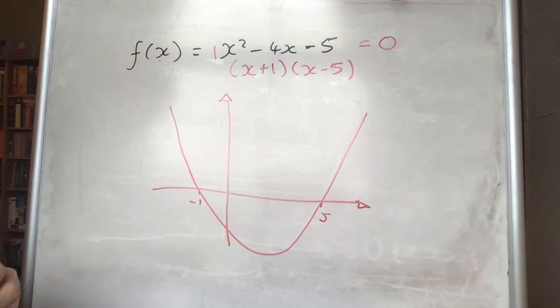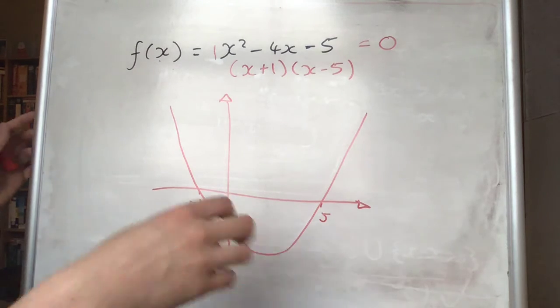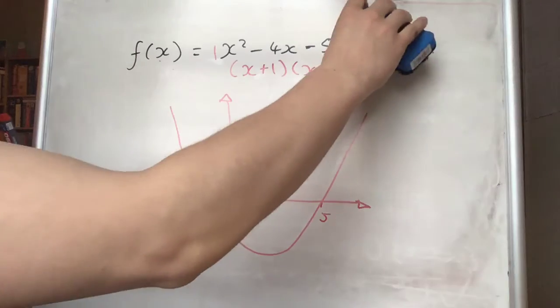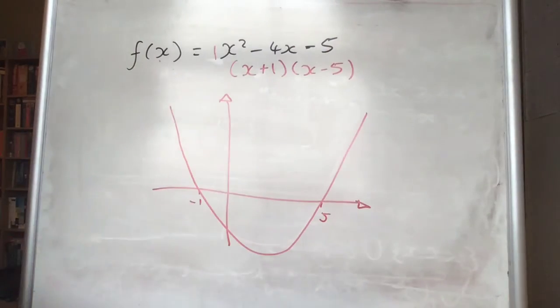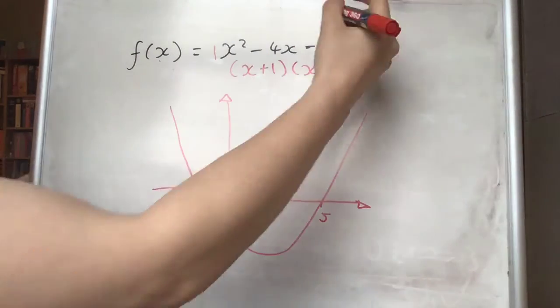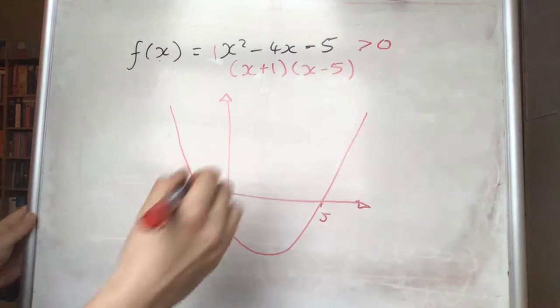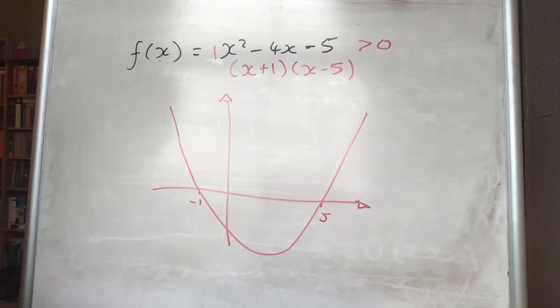Now what happens if we have an inequality? So if x squared minus 4x minus 5, instead of being equal to 0, is greater than 0, what would be the solutions here? The solutions to this are the x values when the curve is above the x-axis. It's greater than 0, it's above the x-axis.